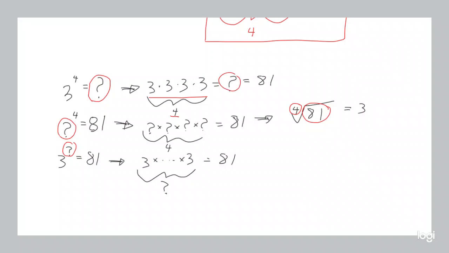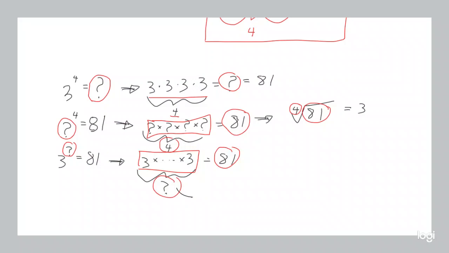What's the answer? In the second case, we know how many times we want to multiply something. We know what answer we want to get. Now what's the something that we need to multiply? The third situation is, we know what we're multiplying. We know what we want to get as the answer. How many times do we have to multiply that something? How many times do we have to multiply 3 in order to get 81?